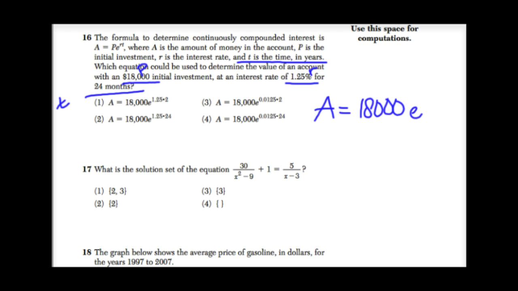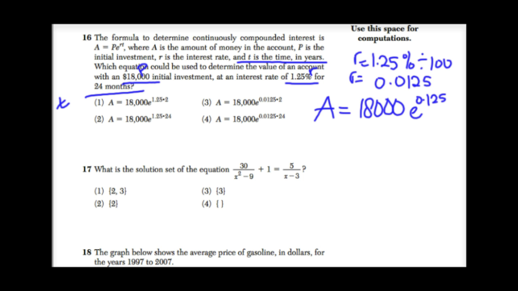Now we need to make that percent 1.25, so my rate is 1.25%. We need to make that a decimal, so divide by 100. We will get 0.0125. So that comes in the top.